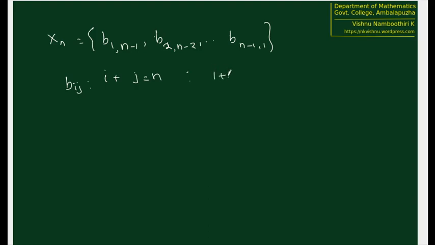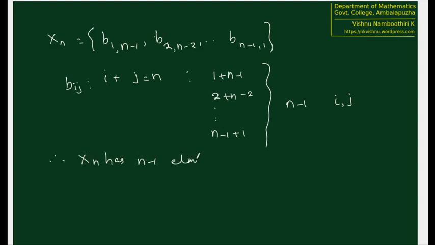We have 1 plus n minus 1, 2 plus n minus 2, etc., n minus 1 plus 1. So there are n minus 1 pairs ij, and the number of elements in x_n is n minus 1. Therefore x_n has n minus 1 elements for n equal to 1, 2, etc. So all these sets are finite sets.